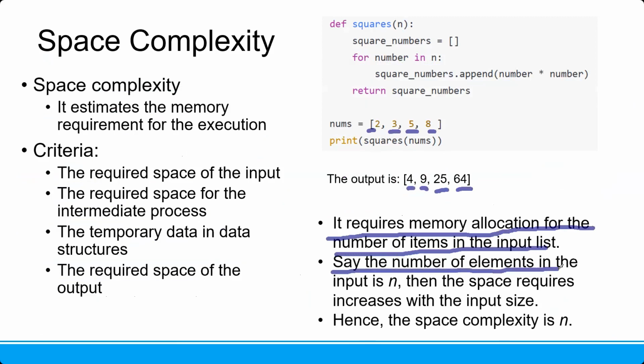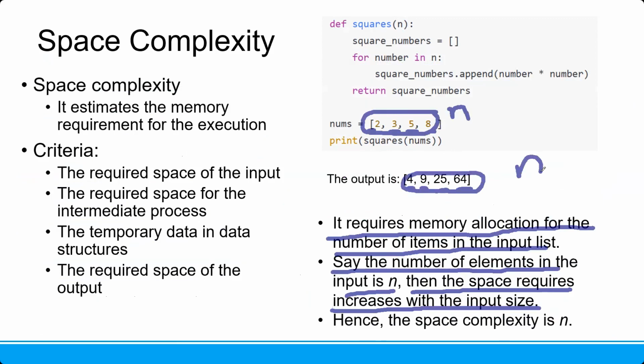Say the number of elements in the input is n, then the space required increases with the input size. So if we have n inputs, we will also have n outputs. So the space complexity is n. Okay, that's the meaning of space complexity. We can just say it is the number of data that will be saved in the memory.